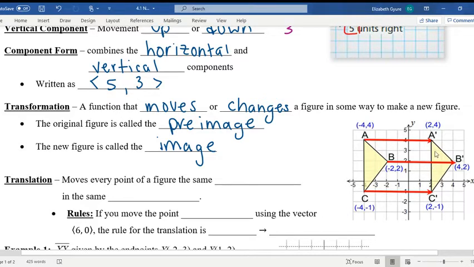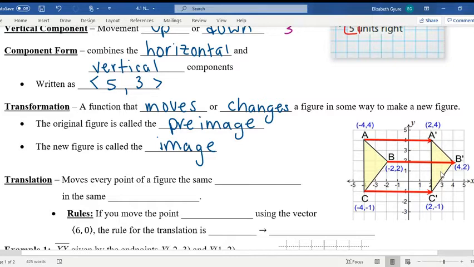Yeah, it's a little dash. We call that prime. So if this is A, then this is A prime. If this is B, then this is B prime. If this is C, then this is C prime. If there are 2 little dashes, it would be double prime. If there were 3 little dashes, it'd be triple prime. That indicates to you, hey, you took this point and you moved it. It's 1 little dash because you just moved it 1 time. You moved it to the right.